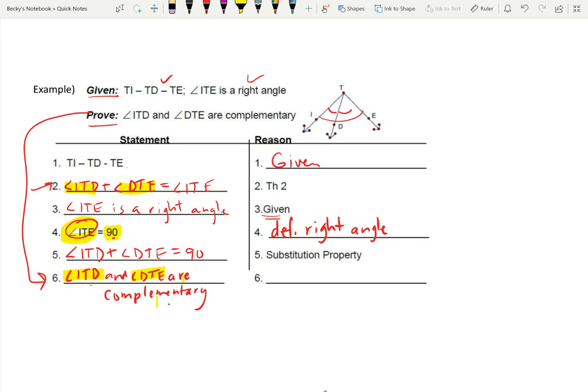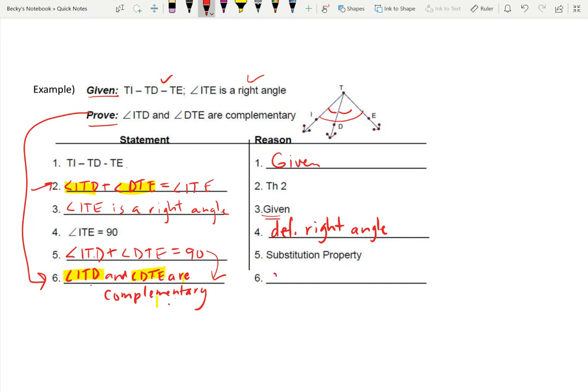All right, so I get a little highlighter happy. There, cleaned it up a little bit. All right, so now that I know it's 90 degrees, I'm now going to say, well, these two angles from step 5 are really complementary. How do I know that? What's the definition of complementary? That's when two angles have a sum of 90.